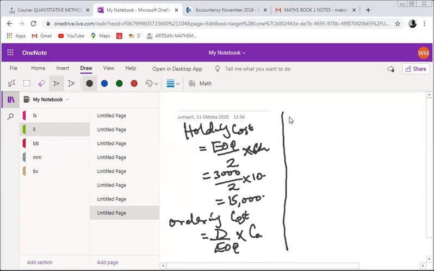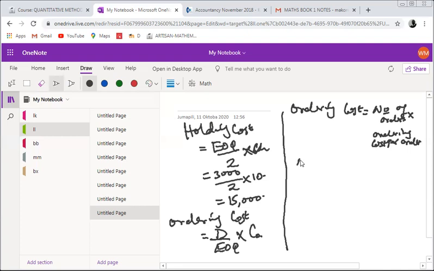And note here, the annual ordering cost in simple terms is actually the number of orders times the ordering cost per order, where the number of orders in a year is D over EOQ.